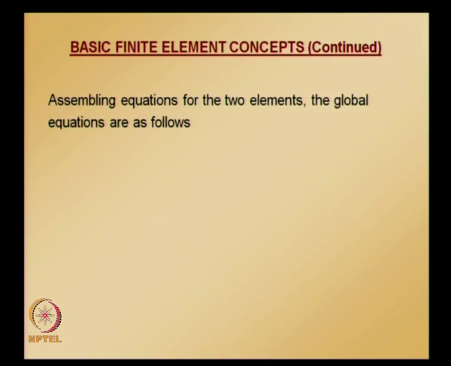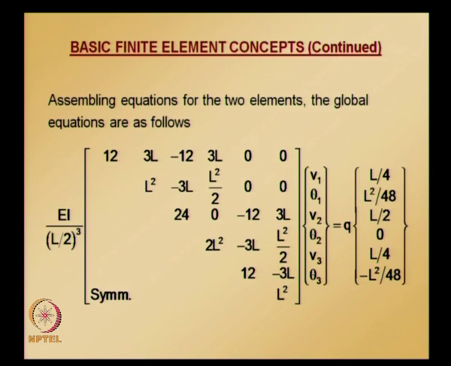Assembling equations of two elements, global equations are obtained as follows. And now for the two element model that we have taken, node 1 is at the left support and node 3 is at the right support.